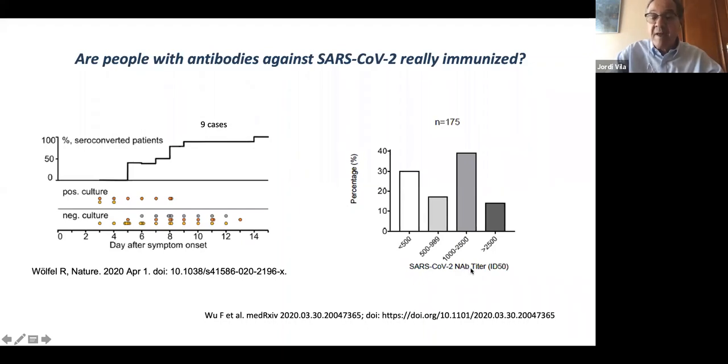So in principle, these antibodies are protecting the patient from acquiring a second infection. 30% of the patients had a low level of antibodies, but among these, 5%, that means 10 patients, didn't produce antibodies. Interestingly, these 10 patients were all young people below 45 years old.